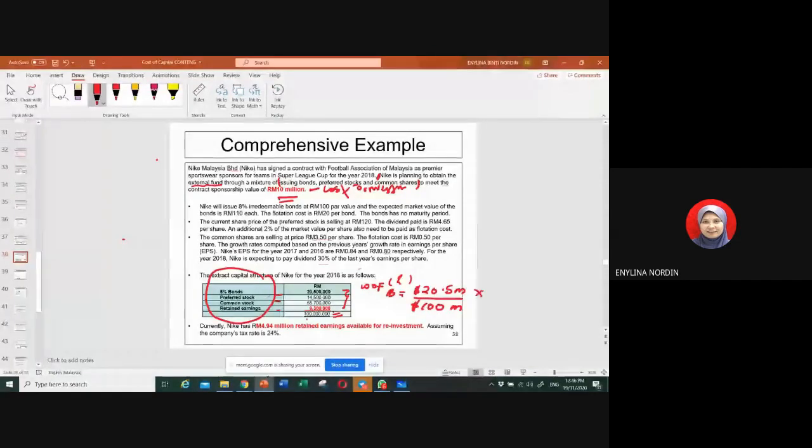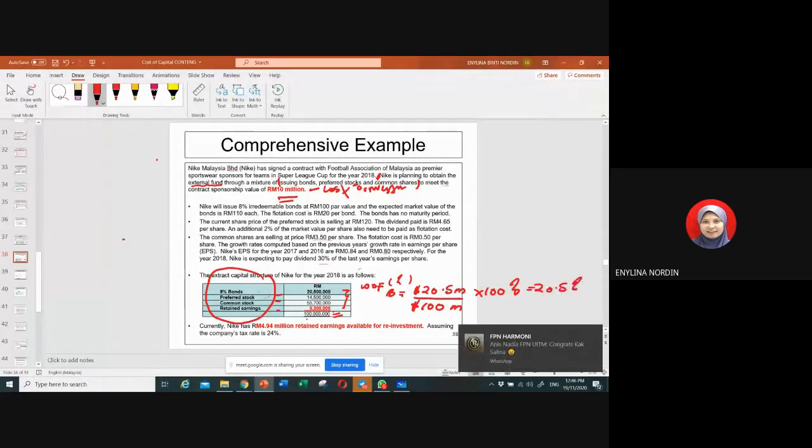Berapa percent out of 100 million? That is 20.5%. That means daripada 100 juta ni tadi, 20.5% is contributed by bonds. Okay, itu maksud WOF kita. Okay, percentage of the contributions of each component to the total capital amount.